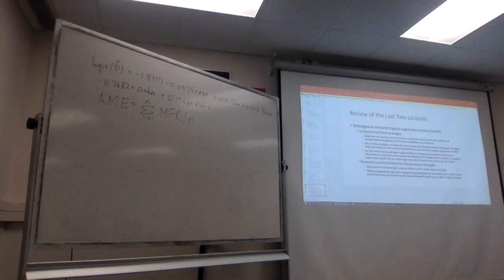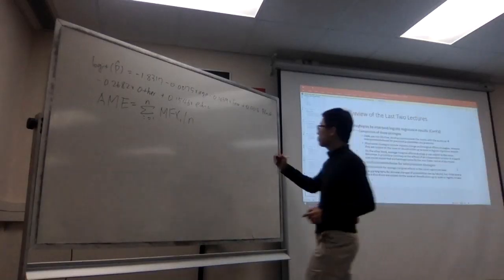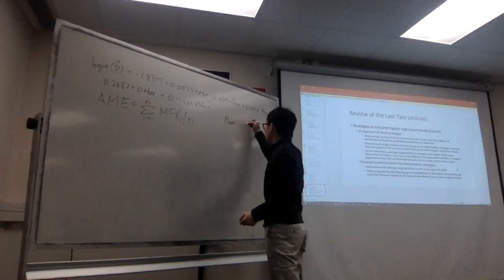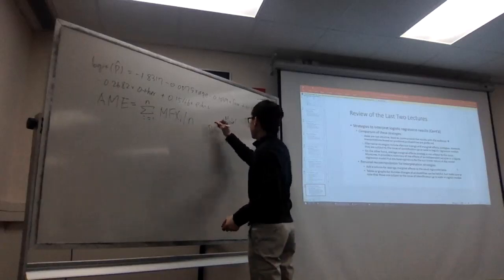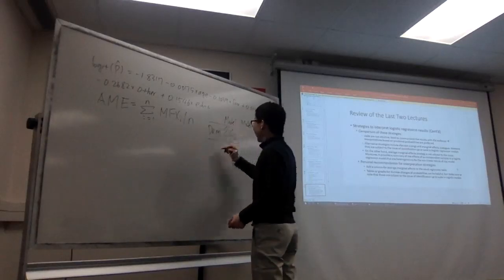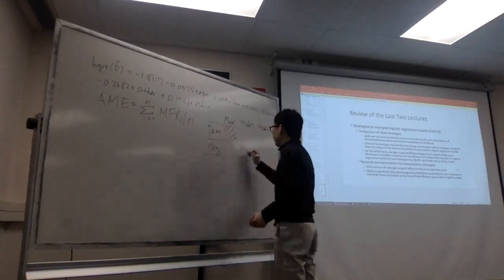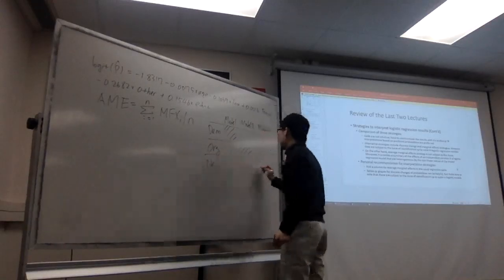My personal recommendation for interpretation strategies is to add a column for average marginal effect to the usual regression table. Good. So you have the usual regression table, right? Don't use nested models. People typically report model 1, model 2, model 3, and then you include demographic variables, organizational characteristics, neighborhood, and stuff like that.